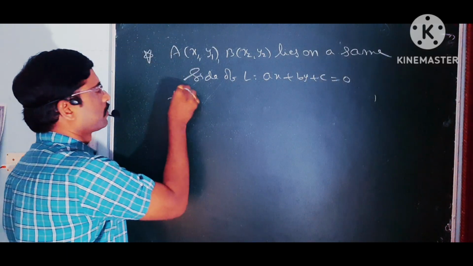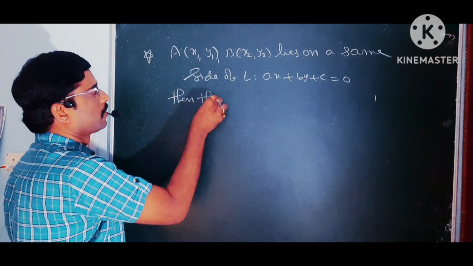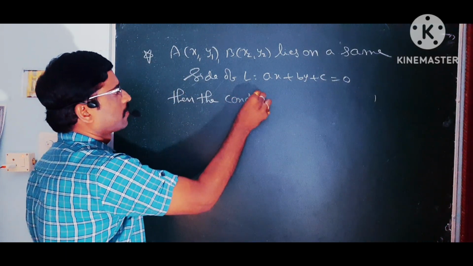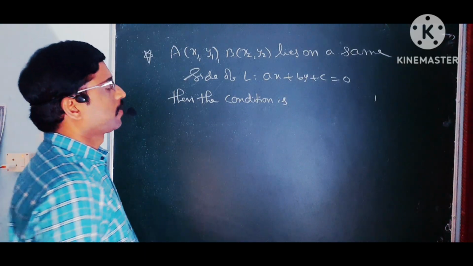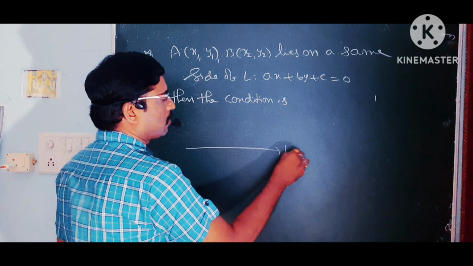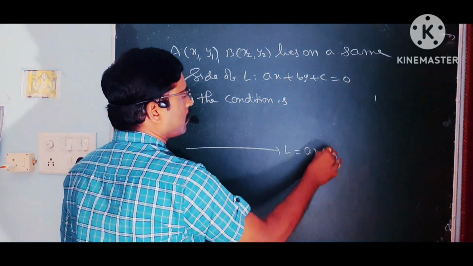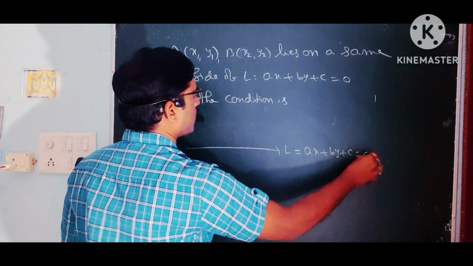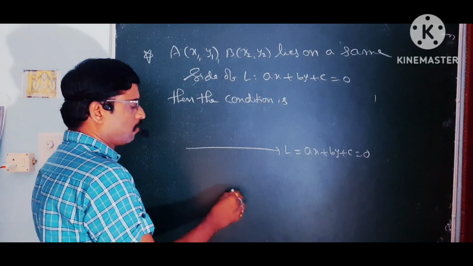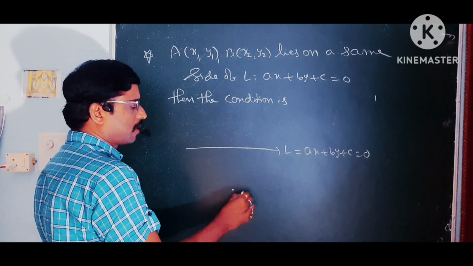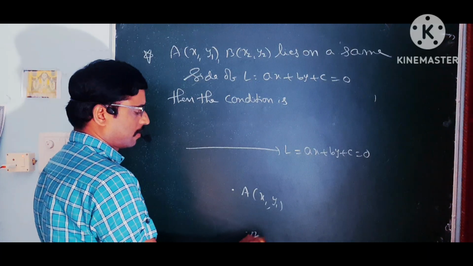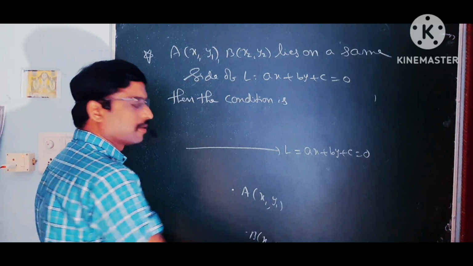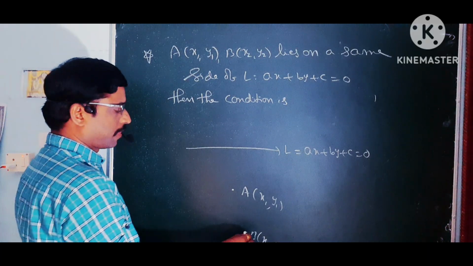Then what is the condition here? So now I am taking L is equal to ax plus by plus c is equal to 0, and the two points A and B lie on the same side of the line. So what is the condition here?